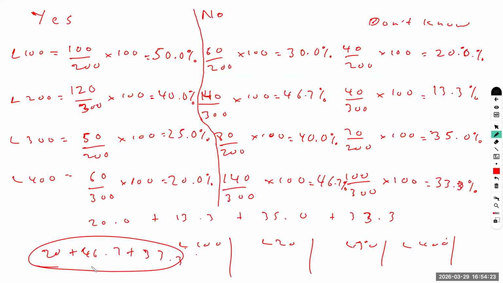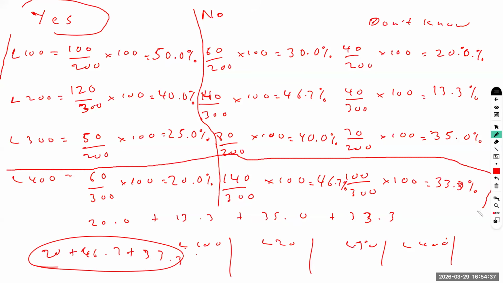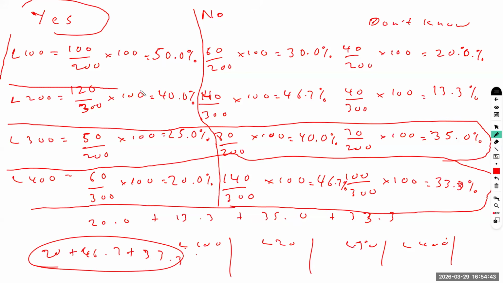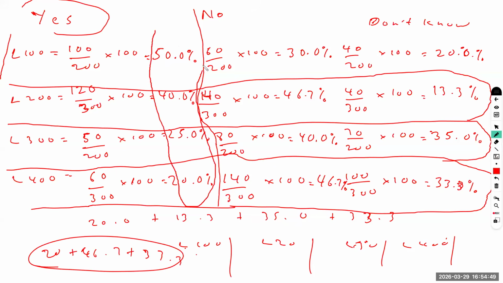This is what you are supposed to calculate. I think what is causing the confusion is the way I've represented this. You're supposed to calculate this one, add this one, then add this. That's the way you're supposed to do it, not this way. Do you get what I'm trying to say?